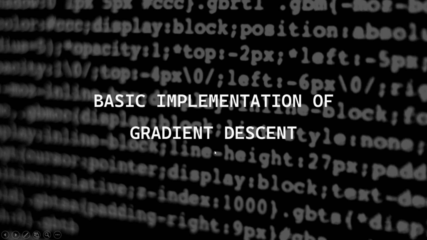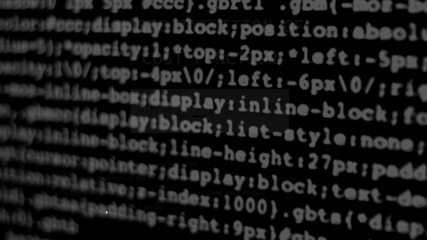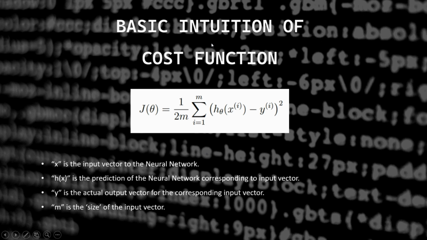Basic implementation of gradient descent. We are using gradient descent to optimize the cost function of the learning. We are using the mean square cost function, and this is the formula for finding the cost function.